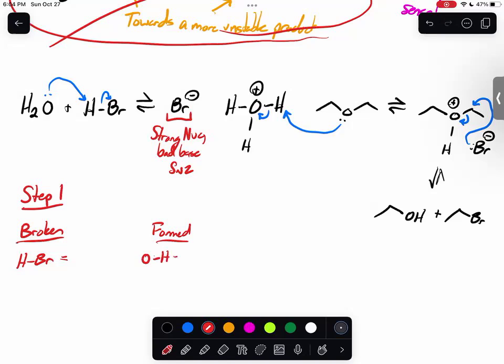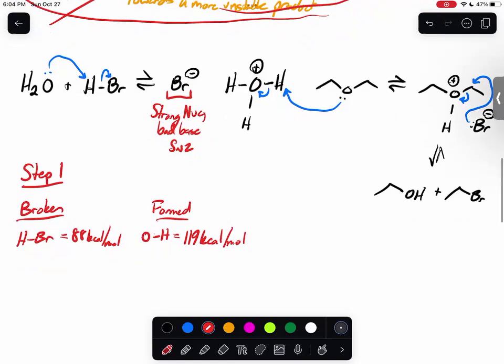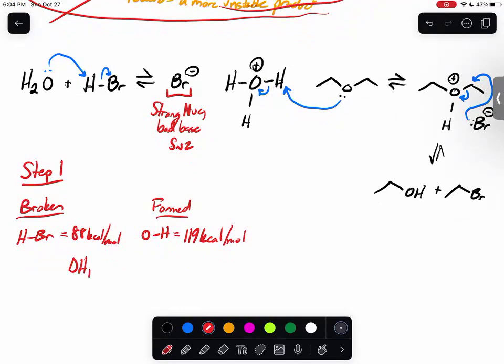What this comes out to be is that HBr bond is 88 kcals per mole, and then the OH bond is 119 kcals per mole. So overall, our delta H for step one is negative 31 kcals per mole. This is pretty expected, right? Because as we said before, this was going to be a favorable acid-base reaction, and it is.